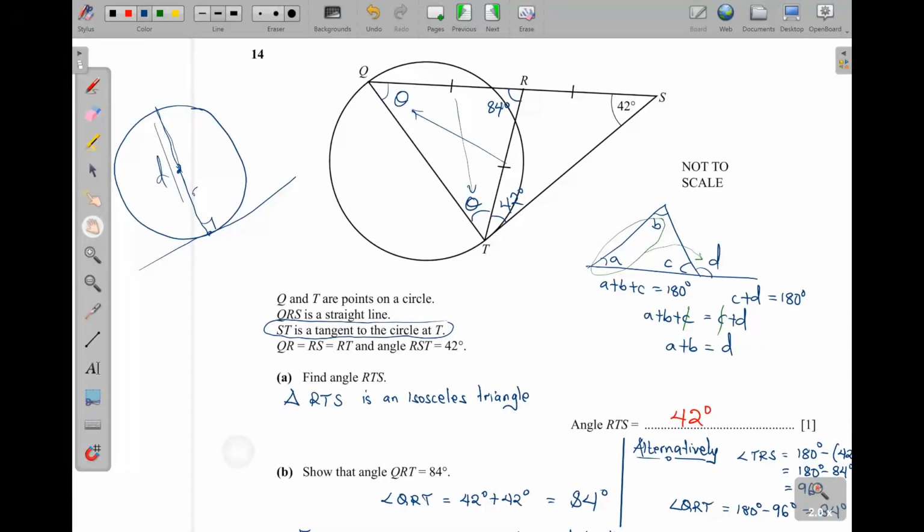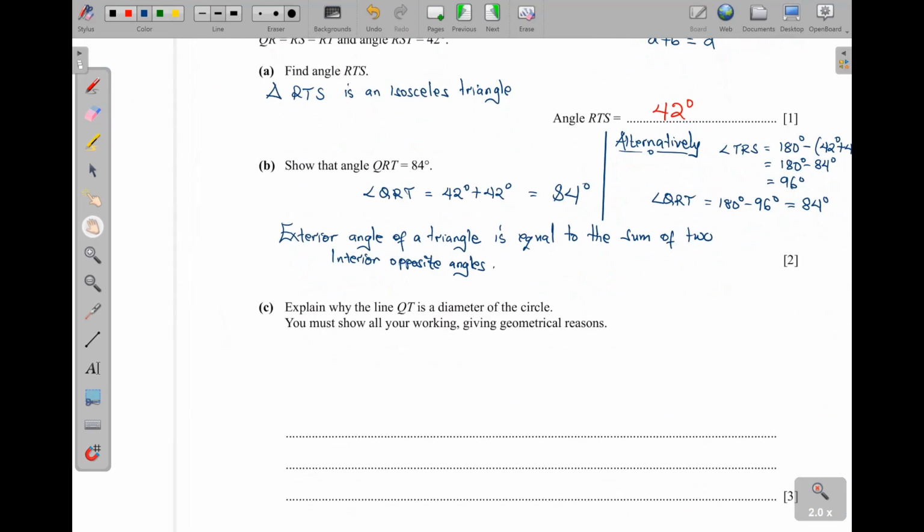So this is a triangle. When I add them, they give me 180 degrees. So I can have theta plus theta, that will give me 2 theta, then plus the other 84. They should give me 180 degrees. So that means 2 theta is going to be 180 degrees minus 84, which is 96. Then I divide by 2, then I will get 48.